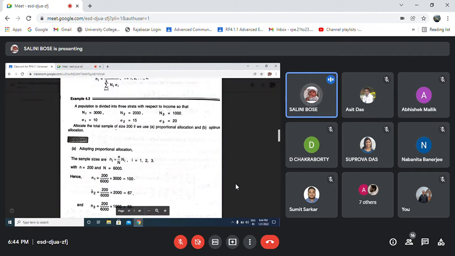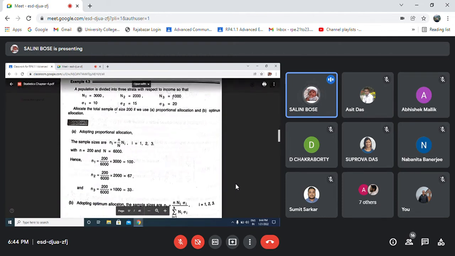For the second case, n2 will be 200 by 6000 into 2000, because for the second strata the population size equals 2000. And for n3, small n by capital N 6000 into the strata population, that is 1000 for the third strata. So just check it. Here we are getting 100, 67, 33. Just check whether your distribution is right or wrong.